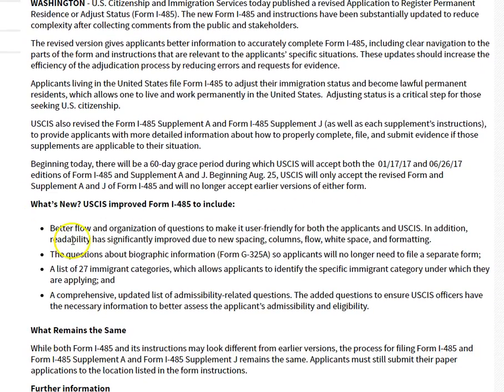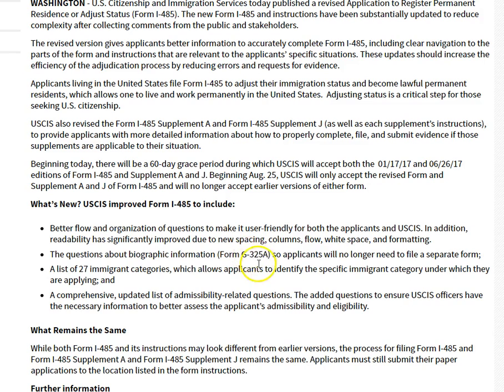They say better flow and organization, questions made more user friendly for both the applicant and USCIS. They say that for the questions about biographic information, the applicant will no longer need to file a separate form.